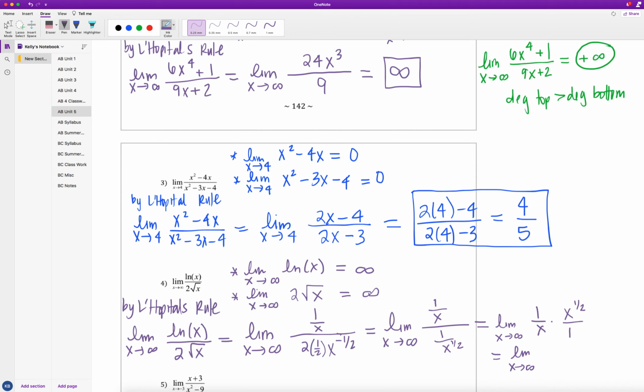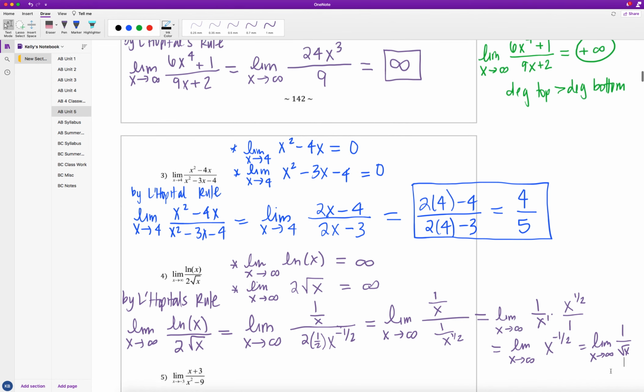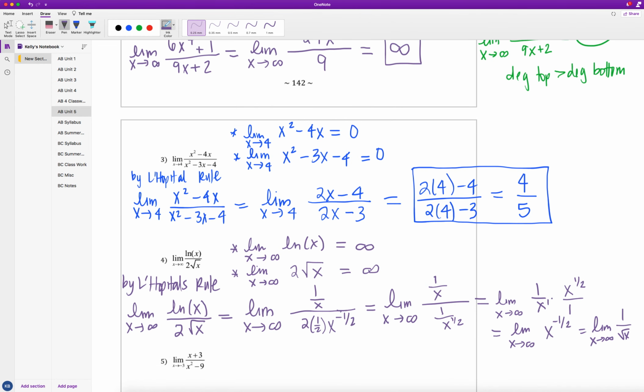Because I have the same base, we can subtract the exponents, and I'd end up with x to the negative 1/2, since we do the top exponent minus that bottom exponent of 1. But that is the same thing as the limit as x approaches infinity of 1 over the square root of x. And that is a lot nicer to see than that original mess that we had when we took the derivative. From here, I can actually take this limit directly, and that limit is going to be equal to 0.